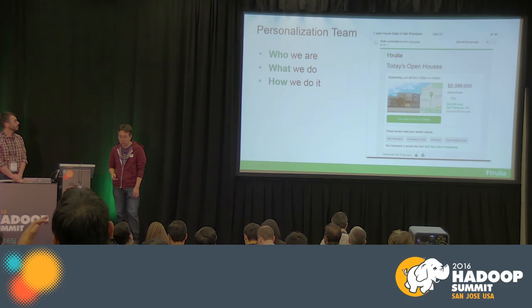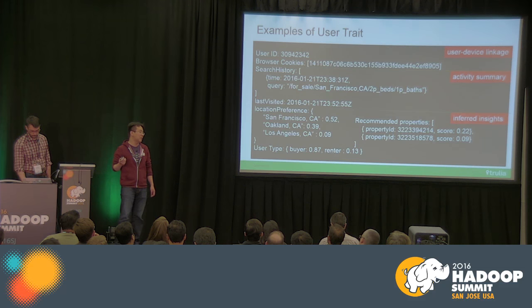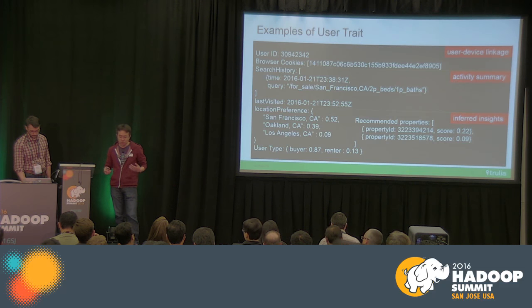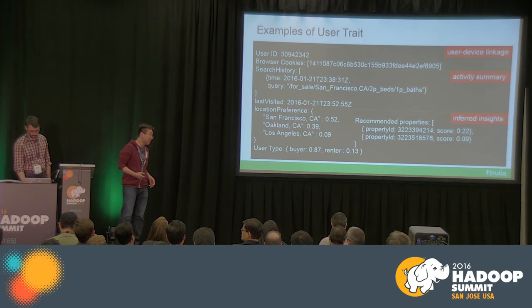And then based on those factual events, we try to answer one-level-up questions, such as what kind of user this is. Either this user is a renter or buyer, which location this user is looking into, what's the price range, whether this person is looking for a single family house or condo or apartment. That's what we call the user preference.